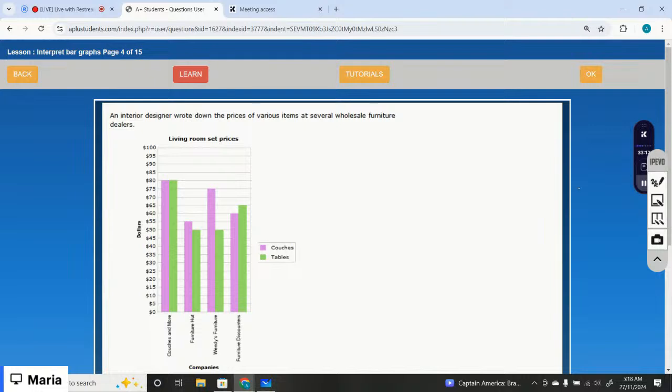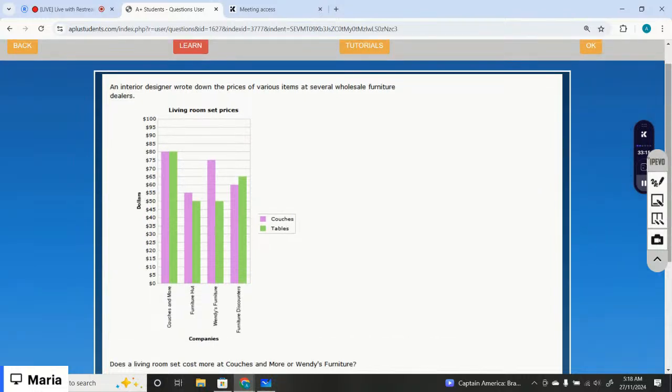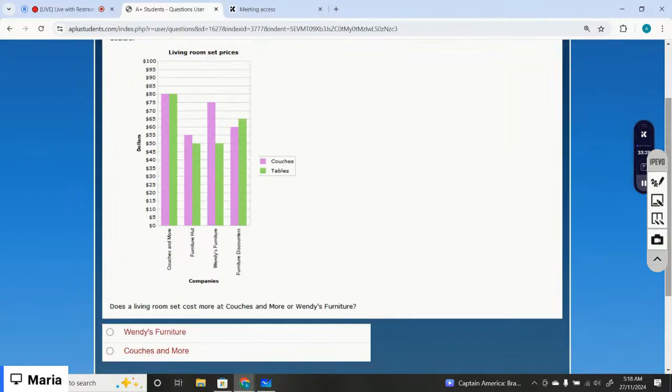An interior designer wrote down the prices of various items at several wholesale furniture dealers. Does a living room set cost more at Couches and More or Wendy's Furniture?